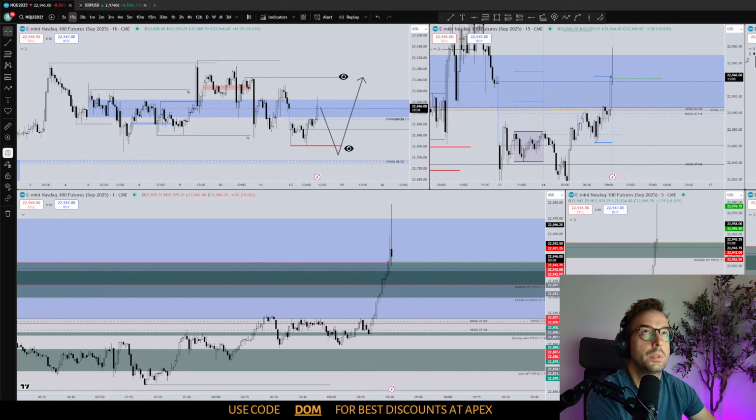Just changing some settings here on my end. Again, as of right now, there's nothing to trade. We have to wait an additional 20 minutes to take a clean trade today.